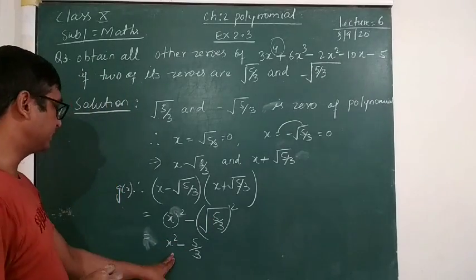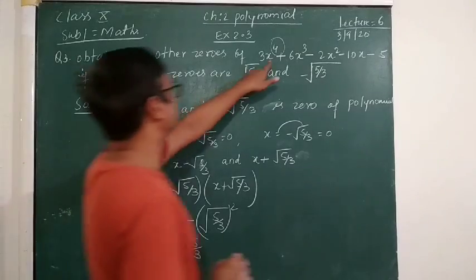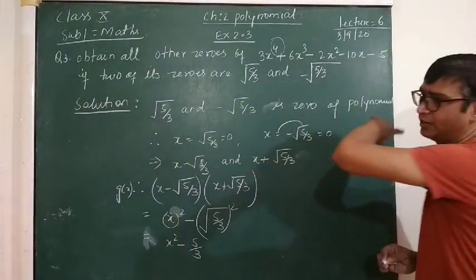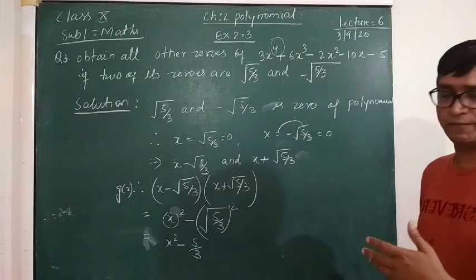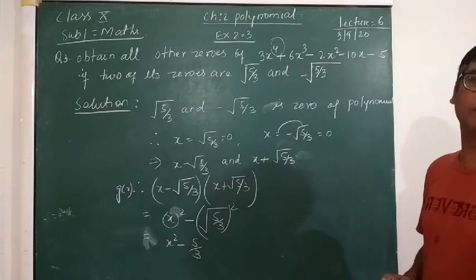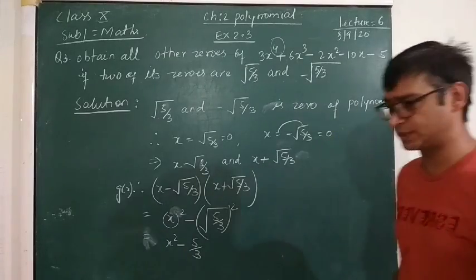So your g(x) is this. Now you will divide this polynomial by this g(x), so you will get your quotient. Again, if you do the splitting of the quotient, you will find the rest of the two zeros.